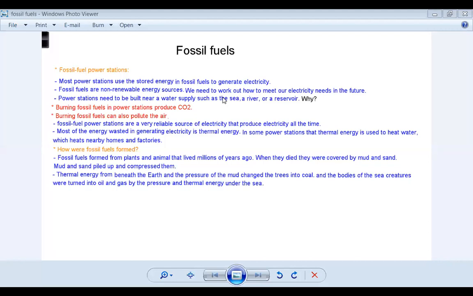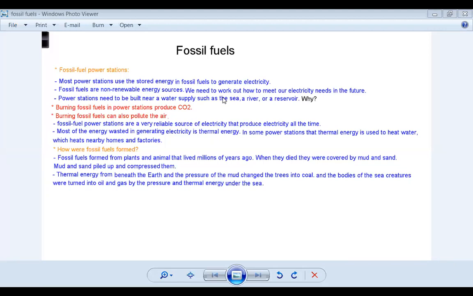If we consume too much of these fossil fuels, one day we will run out and we cannot get more energy and more electricity, okay? So that's why we need to work out the need for these fossil fuels for electricity in the future. We need to use more renewable sources such as the sun, wind and water, okay? So we need to stop or minimize the need for fossil fuels.